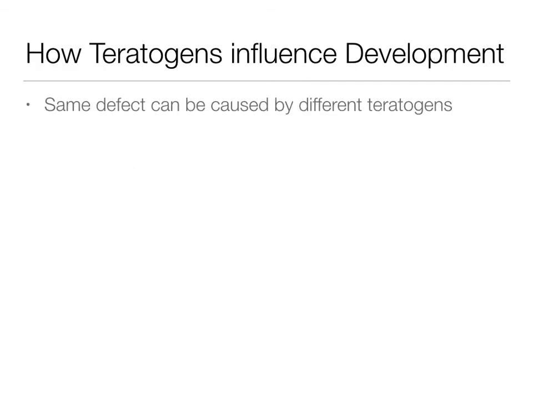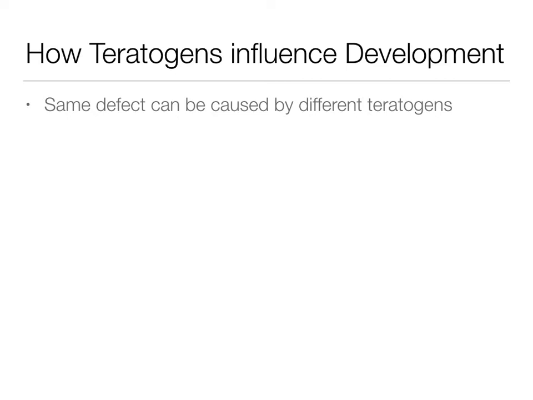Okay, so the thing with teratogens is you can have the same defect caused by different teratogens. You can have abnormalities, let's say, to the facial features, and it can be caused by alcohol, fetal alcohol syndrome, or it can be caused by another teratogen altogether. And that abnormality can look the same. It can present itself the exact same way.